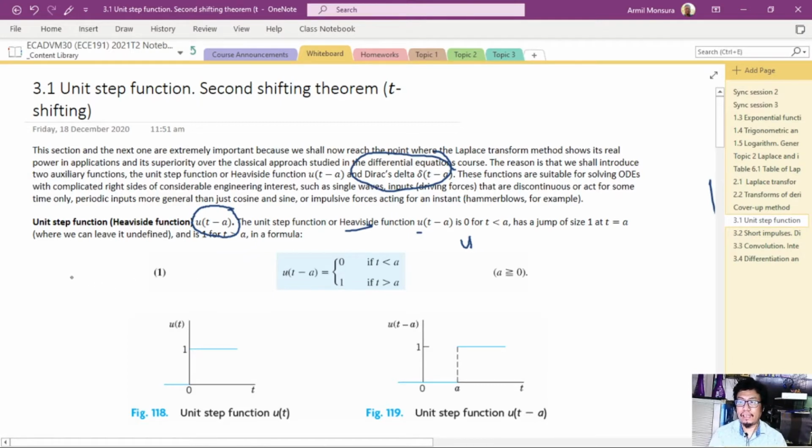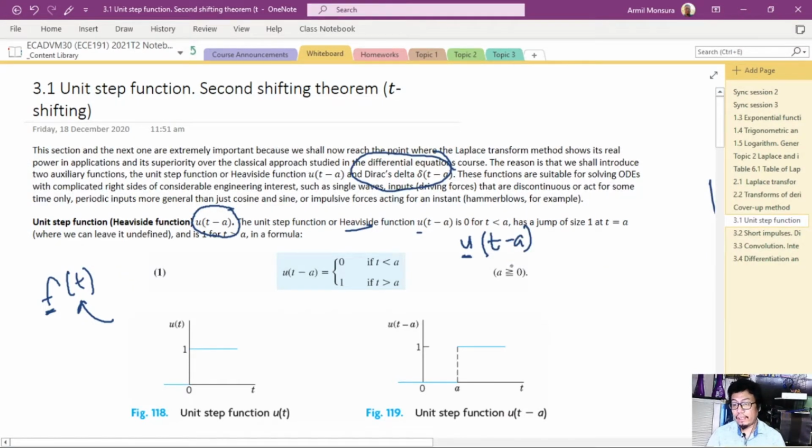Much like in f of t, f here is a function name, and t is a variable, in particular the independent variable. Same thing with this one. So u is the function name that we will assign to the unit step function. Now you have here the independent variable, t minus a.